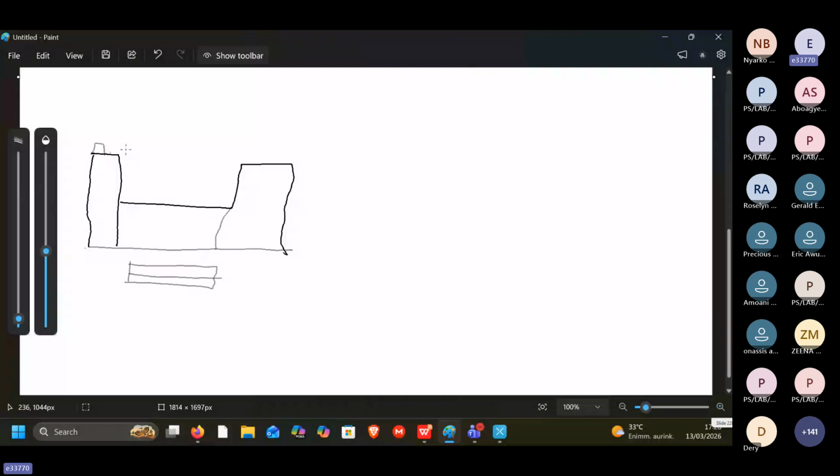Now this block we call the S block. So we are going to be seeing that very soon. All the elements that fall under this block are the S block. All the elements that fall under this block will be the P block. So let's use blocks so that we group them.